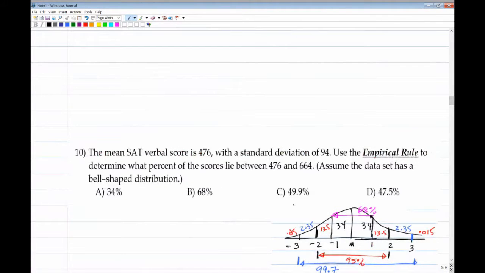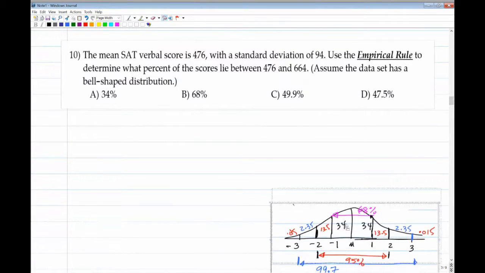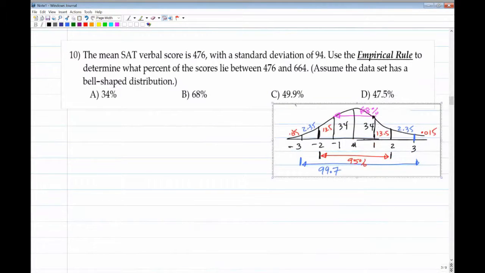Now let's look at this problem. This problem is about the usage of the empirical rule. The empirical rule is basically a bell shape, symmetrical on both sides.